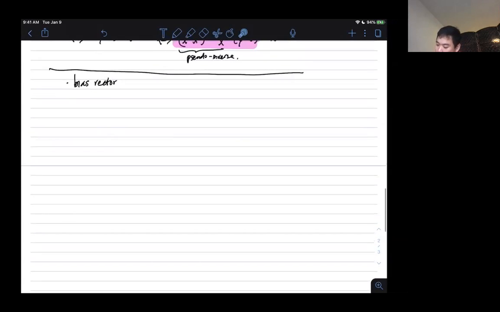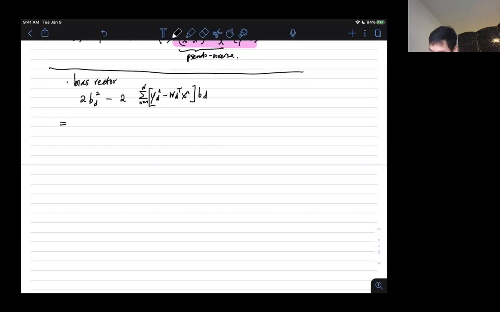Now, once we do that, just trust me, what you're going to end up with is 2 times b_d, this is the dth element of the bias vector, squared, minus 2 times the sum, n goes from 1 to large N, y_dn minus w_d transpose x_n. Now let's rewrite it by having 2 b_d minus 1 over 2 sum over n goes from 1 to large N, y_dn minus w_d transpose x_n, squared, minus 1 over 4 sum over n goes from 1 to large N, y_dn minus w_d transpose x_n, and then we need the square here.